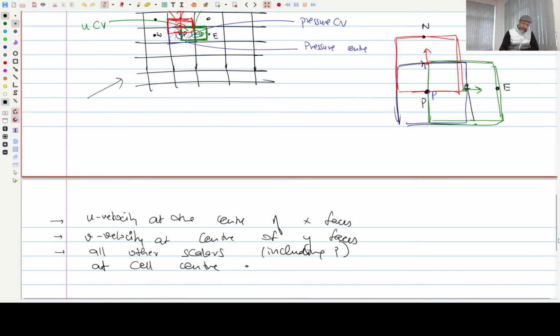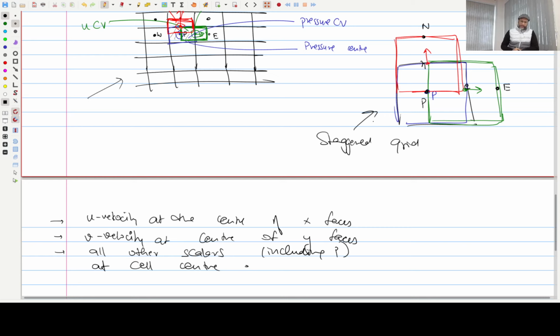So this is called a staggered grid. This is different from the grid that we had earlier, which was called a co-located grid.